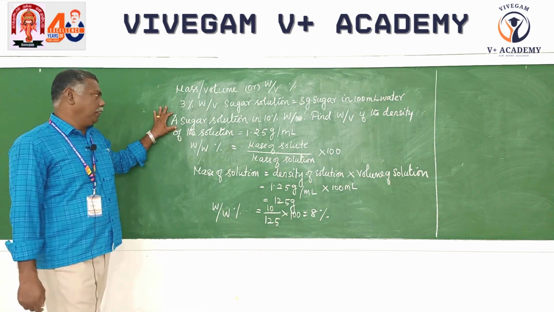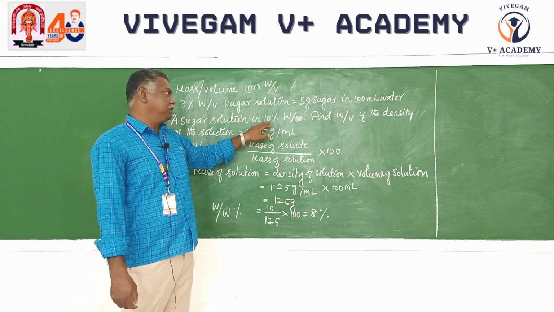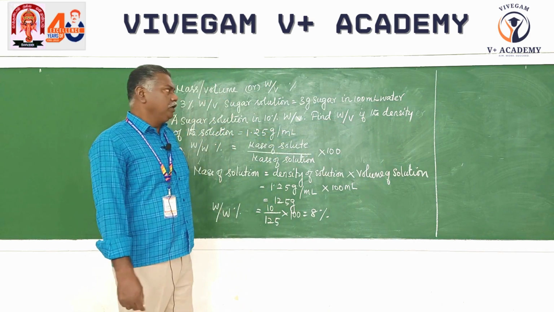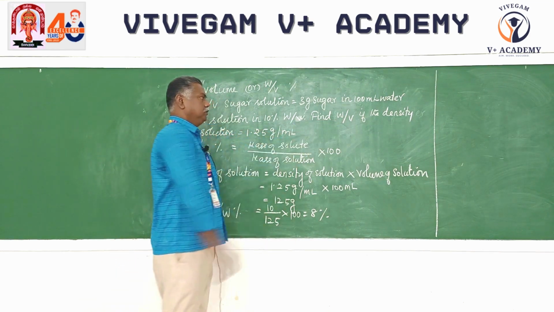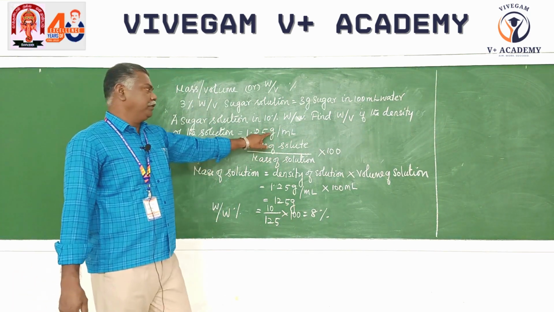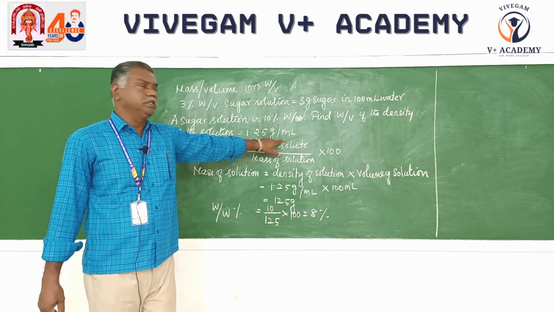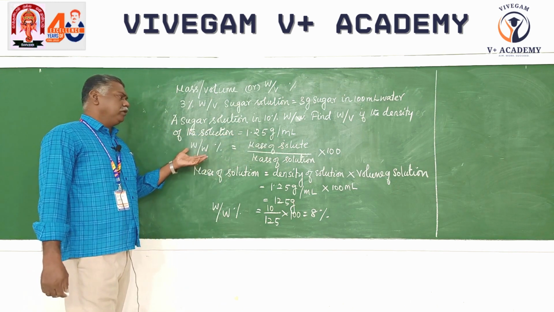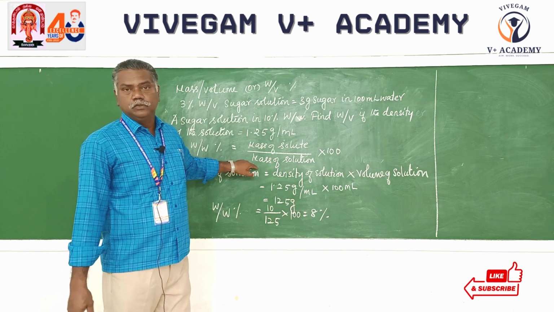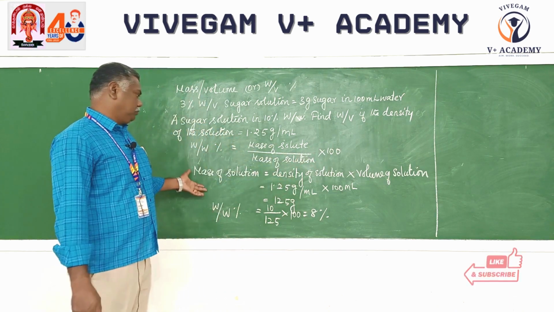Next one, problem. A sugar solution is 10% weight by volume. Find the weight by weight percentage, if the density of the solution is equal to 1.25 gram per ml. The density is given. Now we know that weight by weight percentage is equal to mass of the solute divided by the mass of the solution into 100.